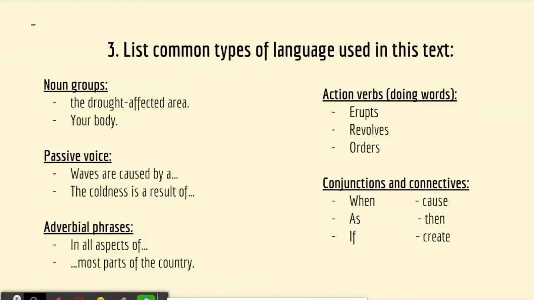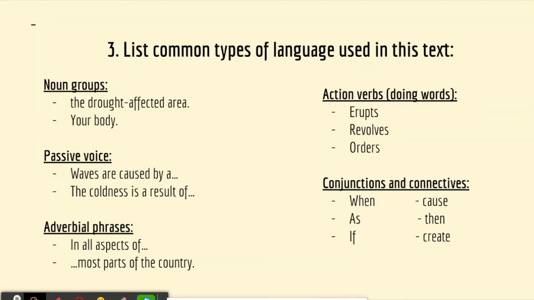Question 3, list common types of language that's used in this text. So there were noun groups, like the drought-affected area, your body, naming groups. It also includes passive voice, like waves are caused by, the coldness is a result of.